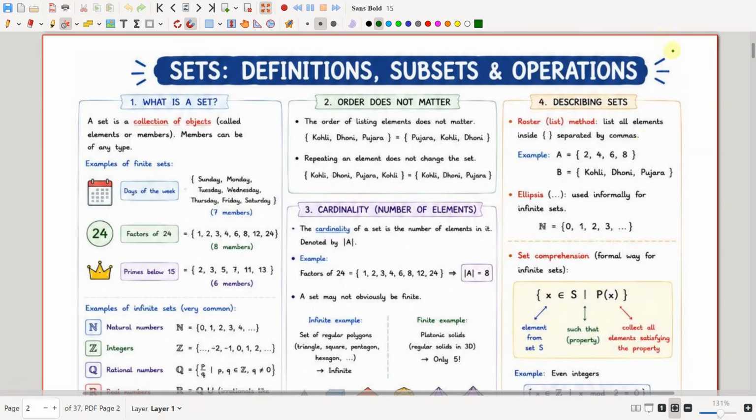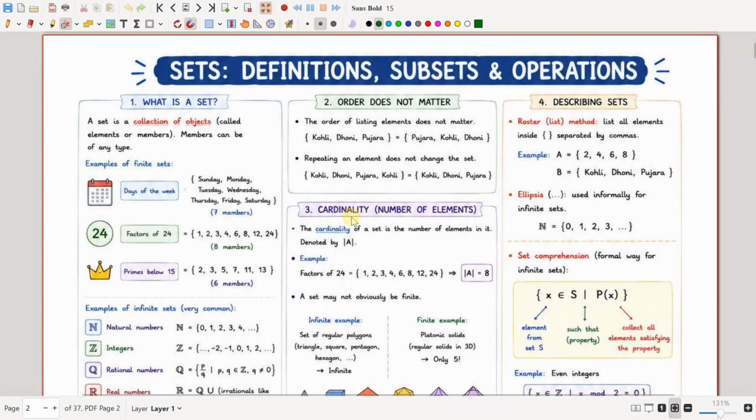See, to denote the infinite set of natural numbers, we will use this notation. And to informally denote the set of all integers, you will use this notation. For rational numbers, you will use this Q, and for real numbers, you will use this R. So this is what we call ellipsis.